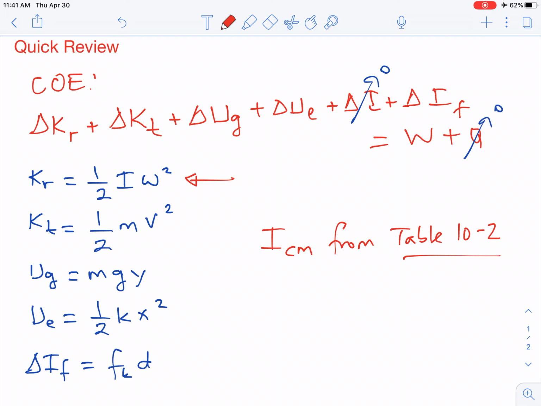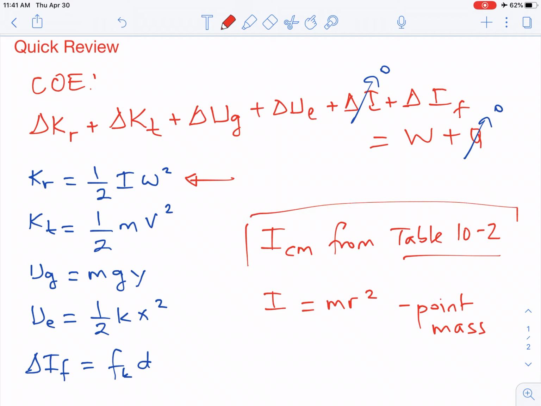Most of the time, if you're not really looking for inertia but you need to use inertia to figure out some other stuff, that will probably come from table 10.2. The equation sheet, I want to also hopefully clear this up. The equation sheet is giving you this, which is only true if it is a point mass. If you have a solid cylinder, sphere or something, this is not going to work. Be careful with that.